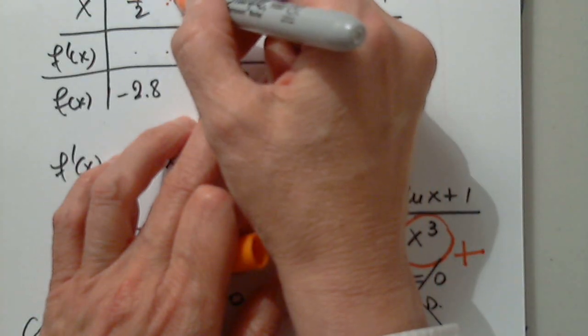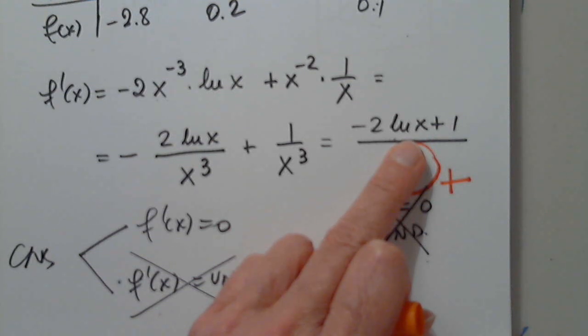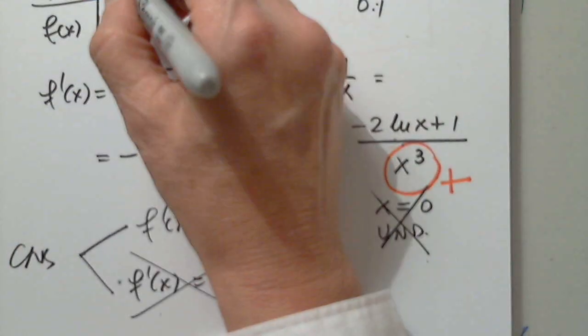Like, for example, 1. If I plug in 1, how much is natural log 1? And we know that. Natural log 1 is 0. Yes. So if this is 0, 0 plus 1 is positive.